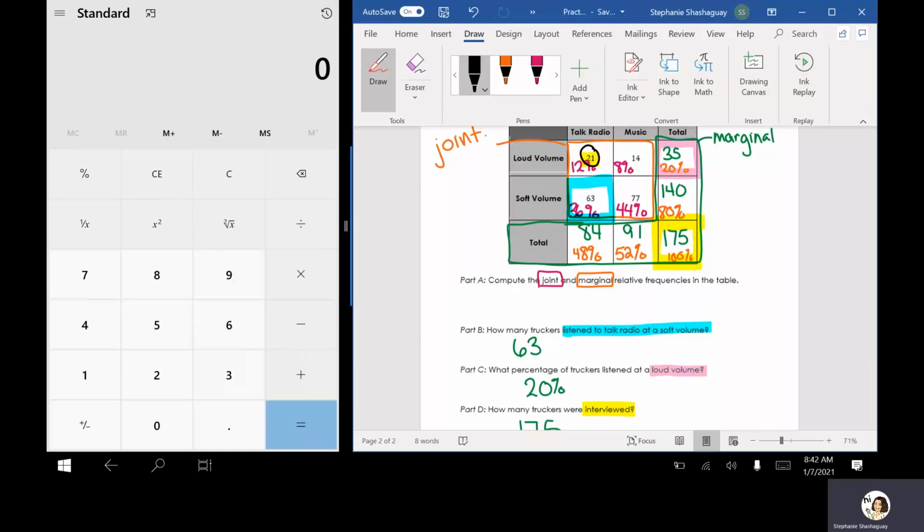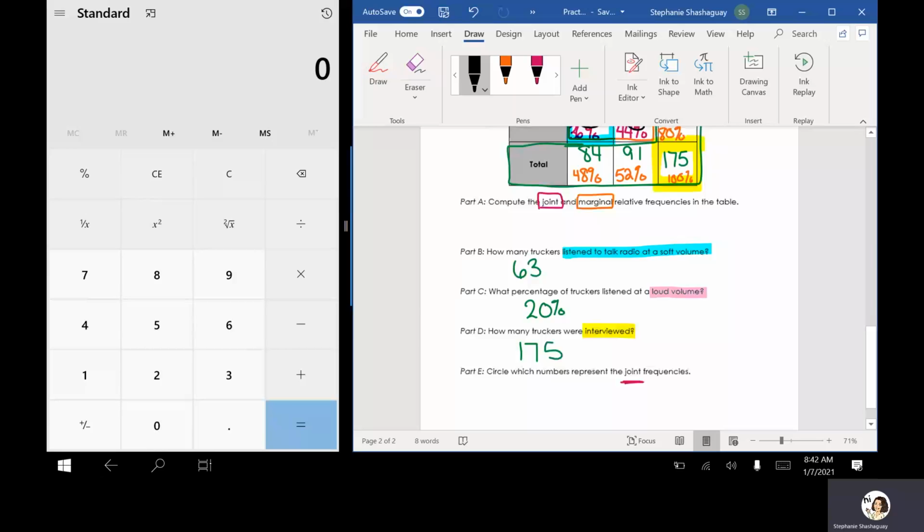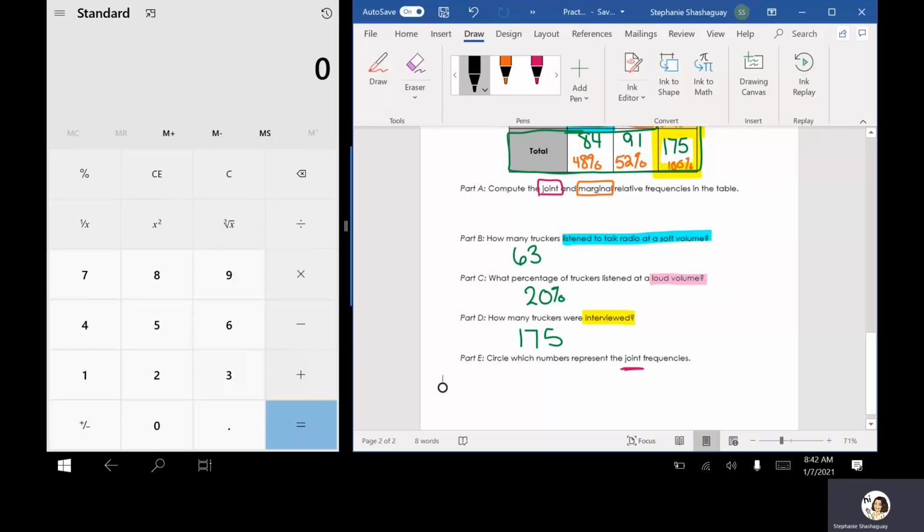So our joint frequencies are 21, 14, 63, and 77.